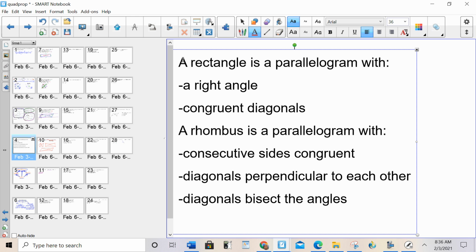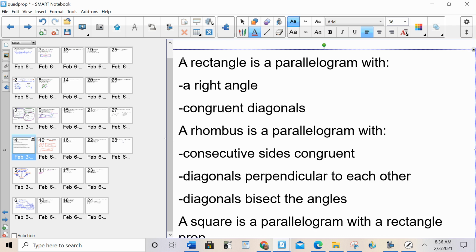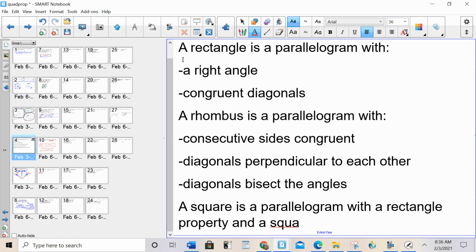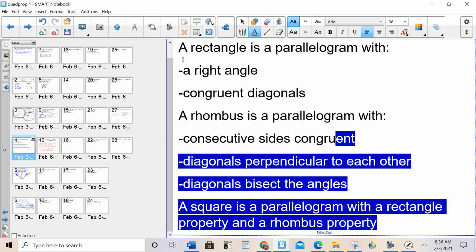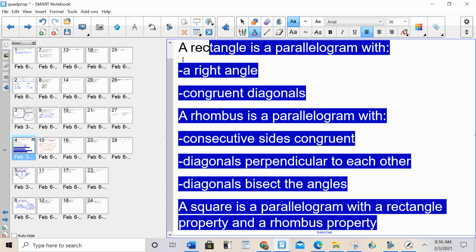And then the square, a square is a parallelogram with a rectangle property and a rhombus property. It's a little bit smaller.